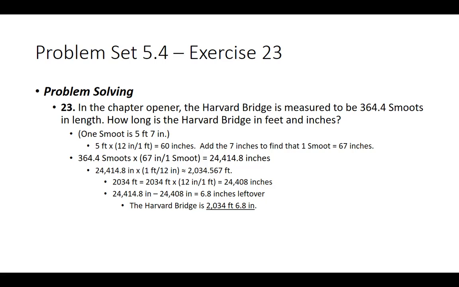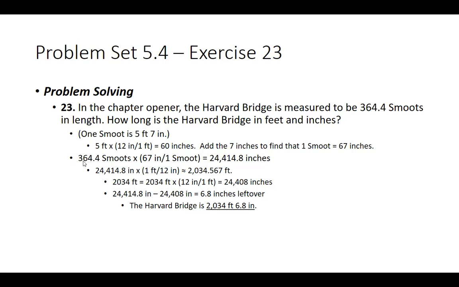So 1 smoot in inches, we'll take the 5 feet part of it first. We want to get rid of feet and put that in inches. So feet on the bottom, inches on top. Feet cancel away. 5 times 12 divided by 1 gives us 60 inches. Add the 7 inches, and we find that 1 smoot is 67 inches.